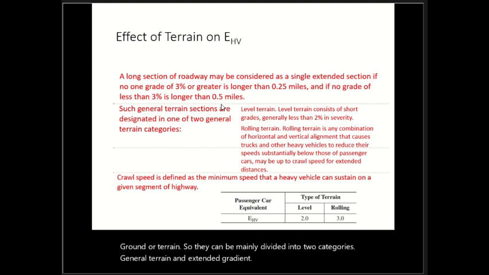General terrain has 2 subtypes: level and rolling. And gradient can be what?